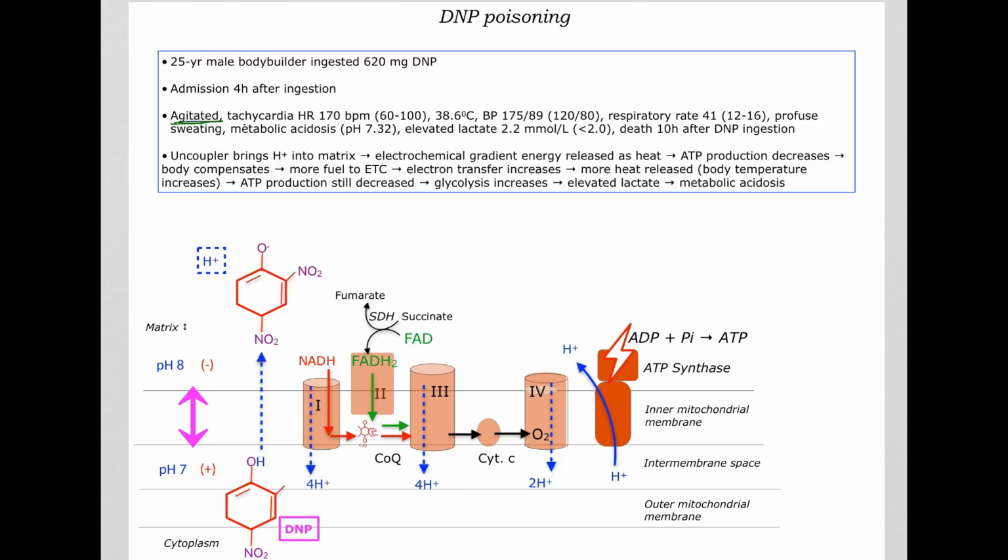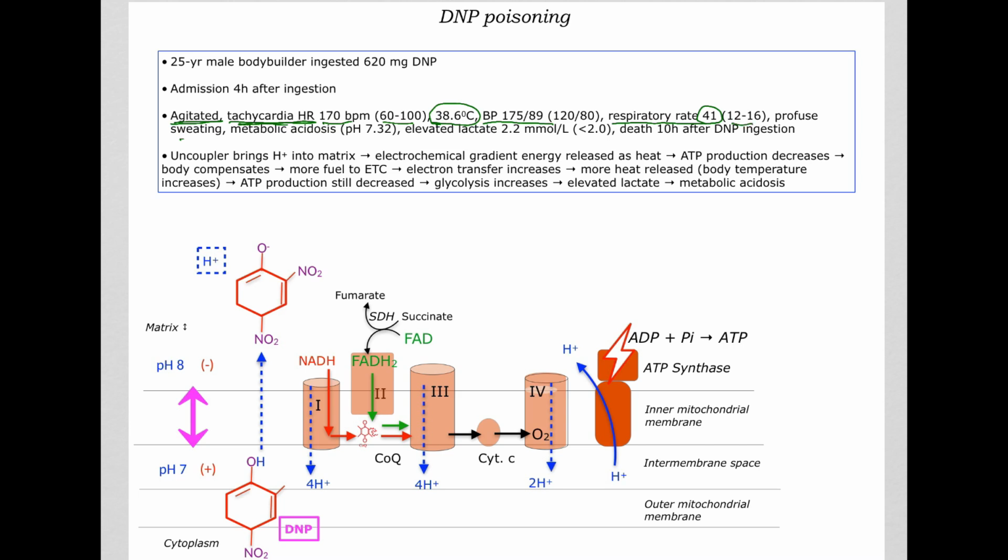He had a very high heart rate, tachycardia, about 170 beats per minute, normally 60 to 100. Very high body temperature. Instead of 37 Celsius, his was close to 39. High blood pressure, very high respiratory rate, about 41 instead of 12 to 16.